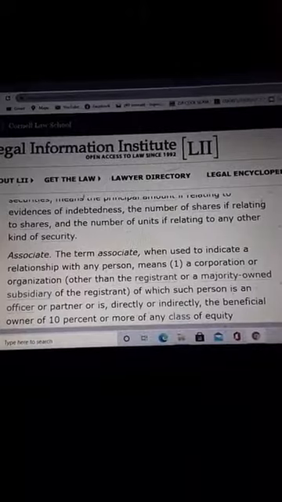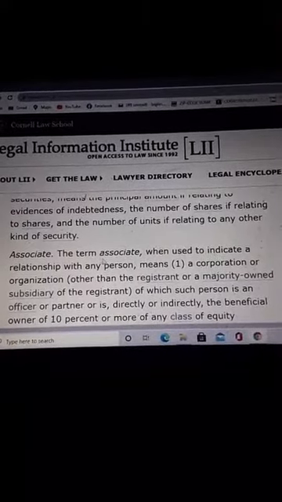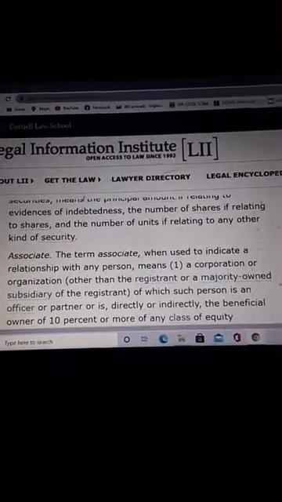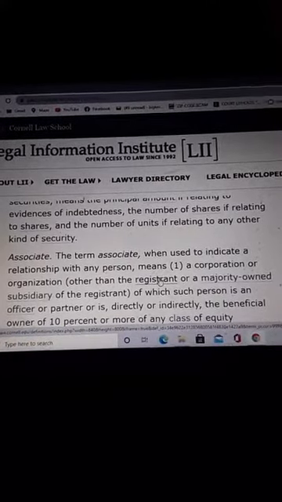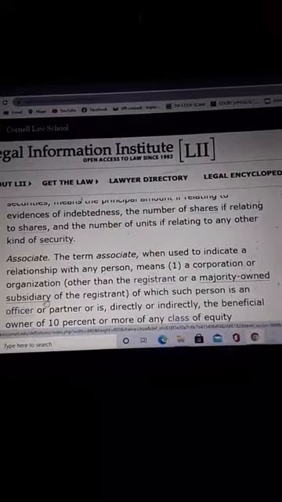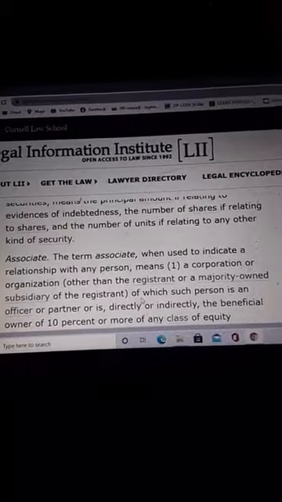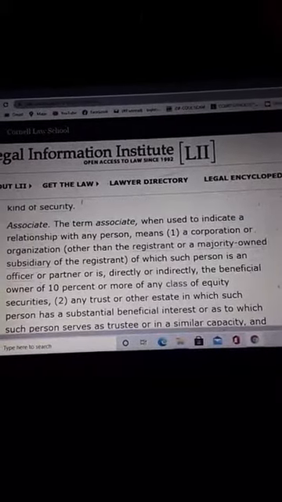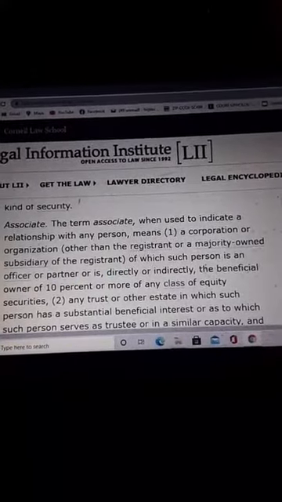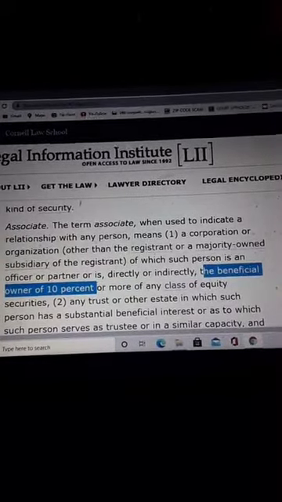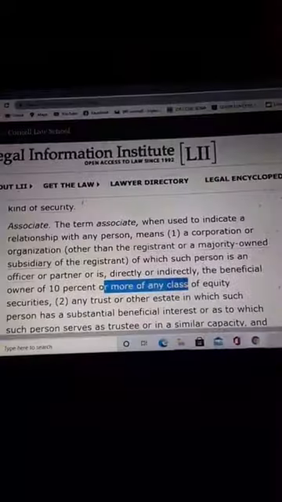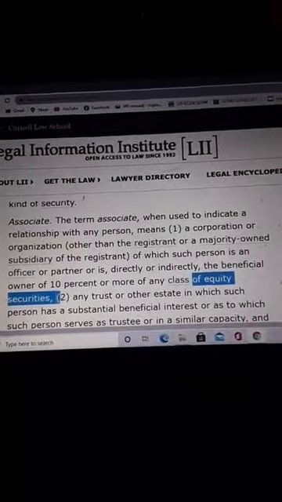Associate. The term associate, when used to indicate relationship with any person, means 1, a corporation or organization other than the registrant, mom or dad, whoever registered, or a majority-owned subsidiary of the registrant, of which such person is an officer or partner, or is directly or indirectly the beneficial owner of 10% or more of any class of equity securities.